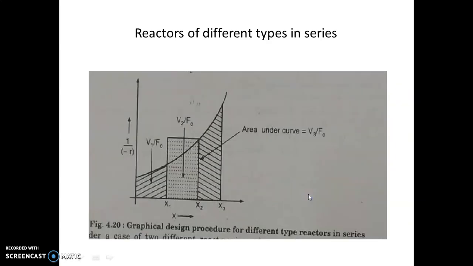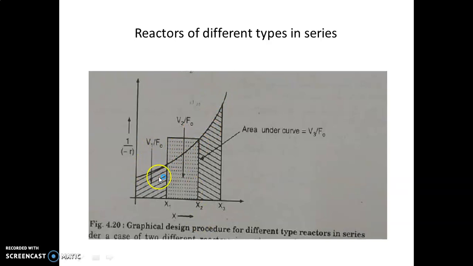And again we can show the graphical representation for these reactors. We plot again 1 upon minus r versus x, and we obtain this curve.